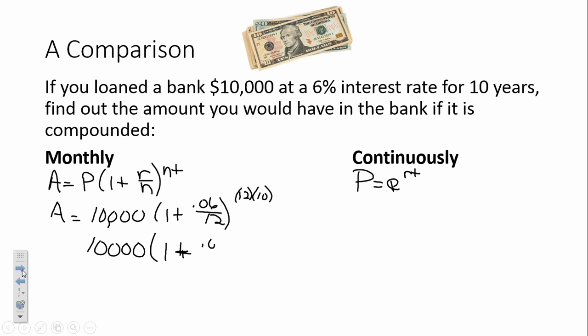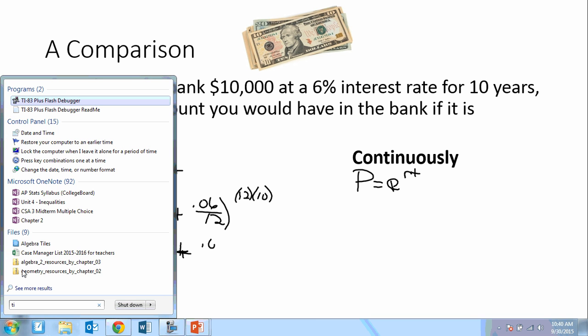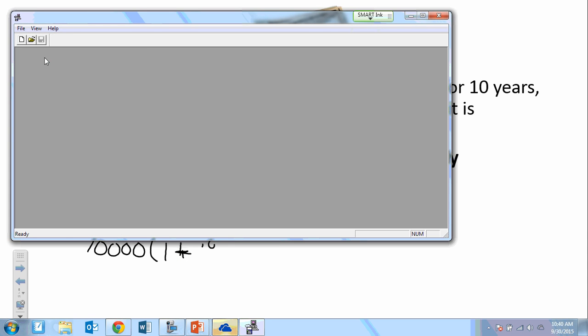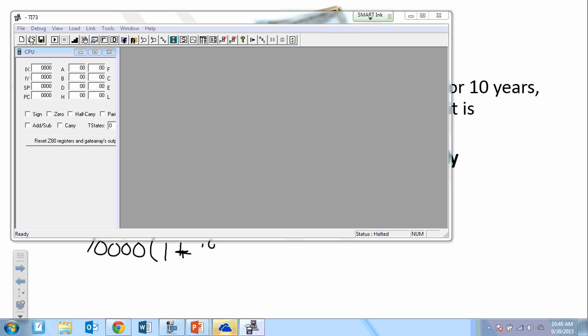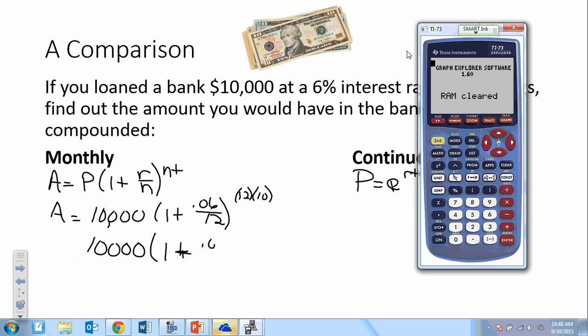Calculator? 0.005. Okay, so 0.005 and to the 120th. So 1 plus 0.005 is 1.005.